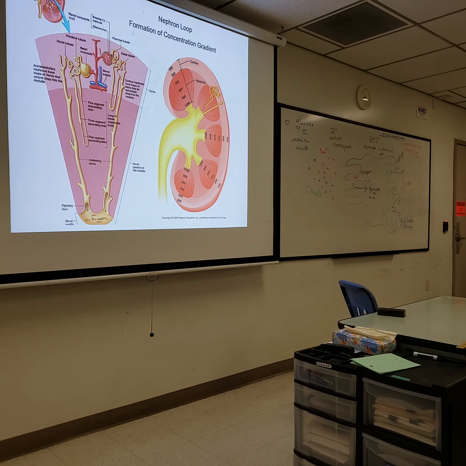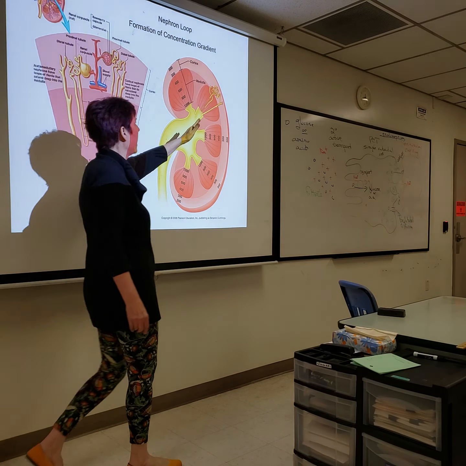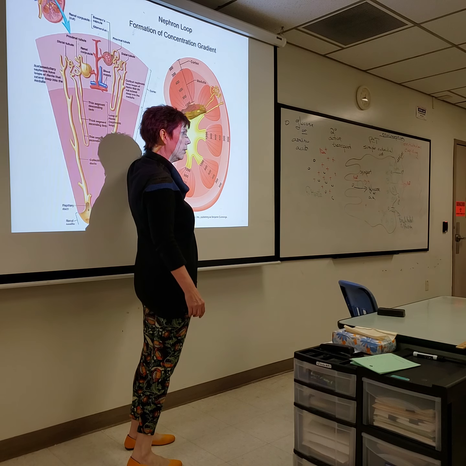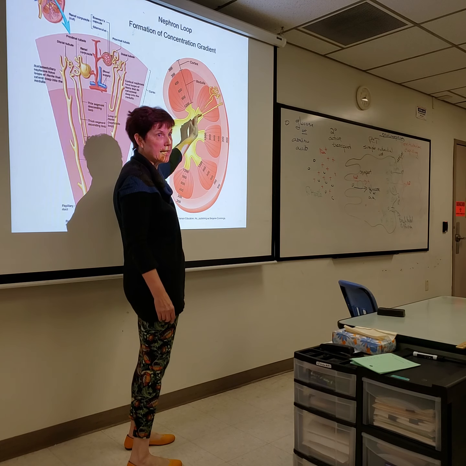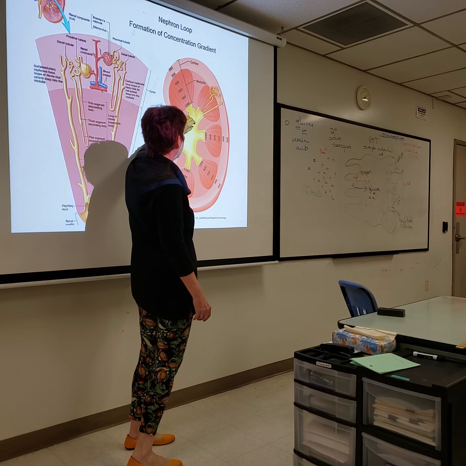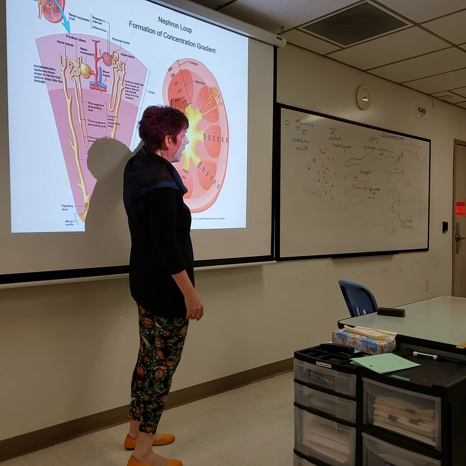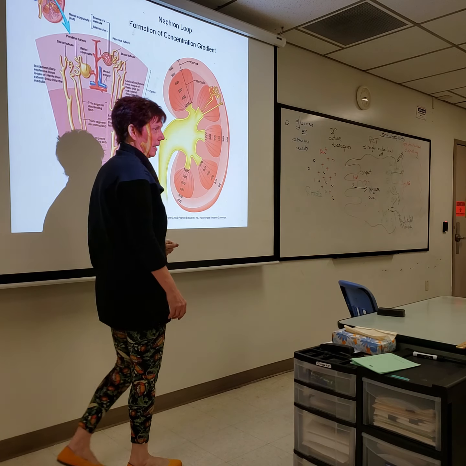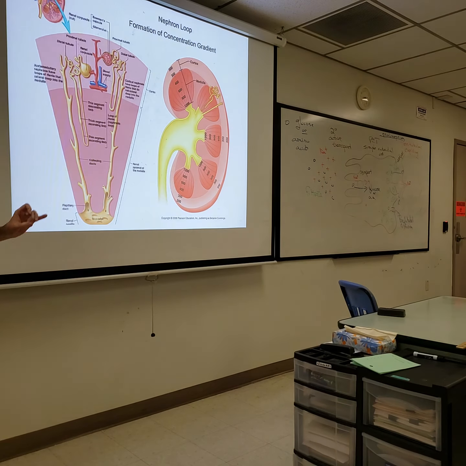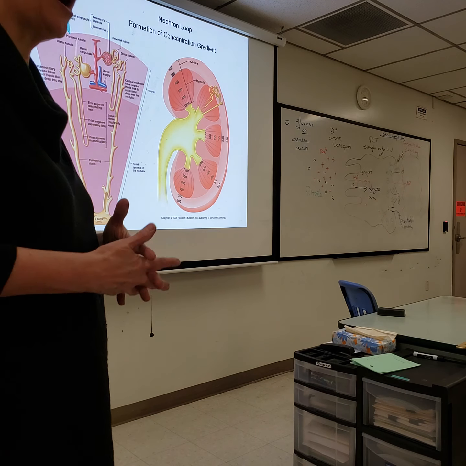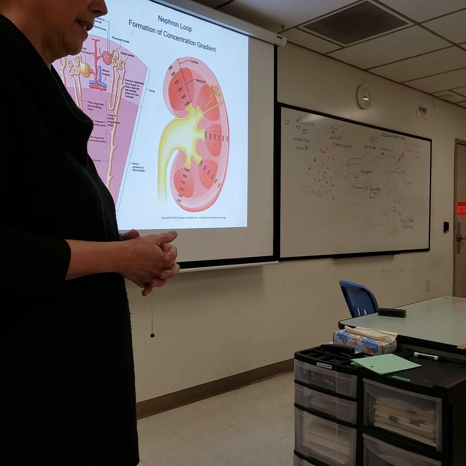So the purpose of the nephron loop is to create this gradient. We use primarily sodium chloride ions, but also some urea gets moved out. And it gets moved out in such a way that the gradient increases as we move to the tip of the medulla. The nephron loop, and I can't say this enough, does not concentrate the filtrate.